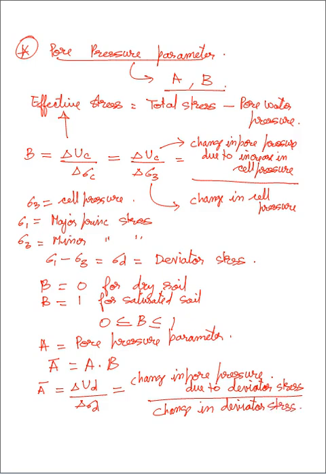Now delta u, the change in pore water pressure, is basically delta uc plus delta ud. C means cell pressure, and U is pore water pressure.